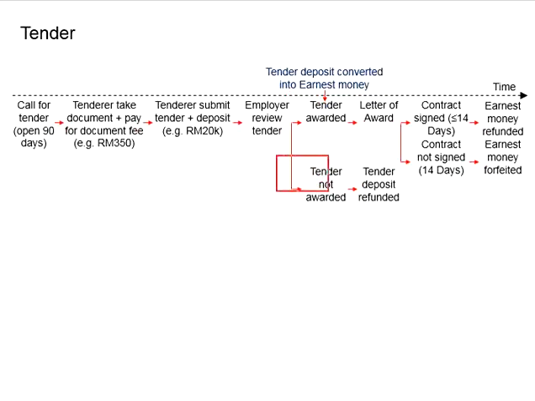Let us look at those tenderers who have their tenders rejected. That means the tender is not awarded to those contractors. The employer will send notifications to those tenderers, and the deposit which was paid when submitting the tender will be refunded. With that, those contractors not winning the tender will close the case here.